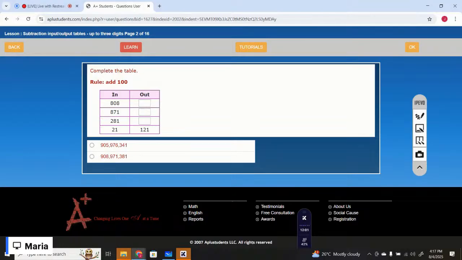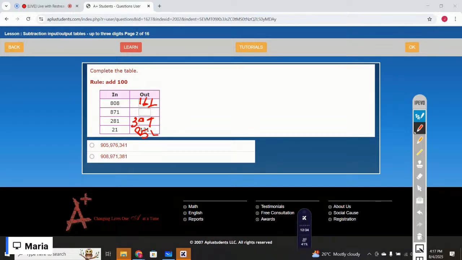Complete the table. So let's just add 100. 808, 908, 907, 381.